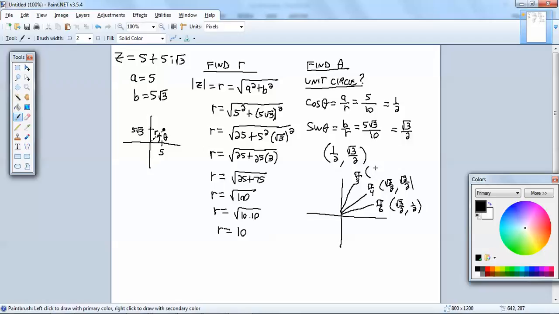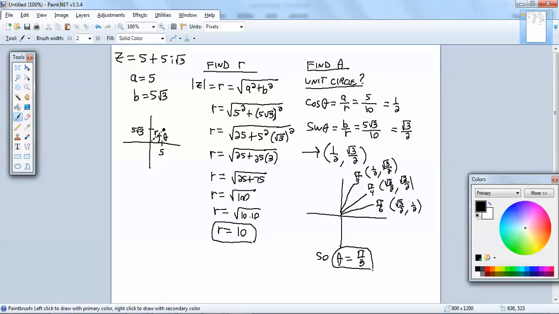And this one is 1/2 and square root of 3 over 2. So, as I'm looking at this, the point we're looking for is this one right here, 1/2, square root of 3 over 2. In our unit circle, that's pi over 3. So theta is going to equal pi over 3. Okay.